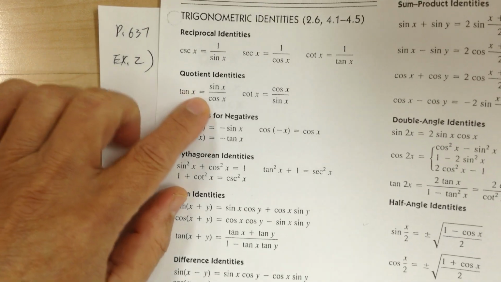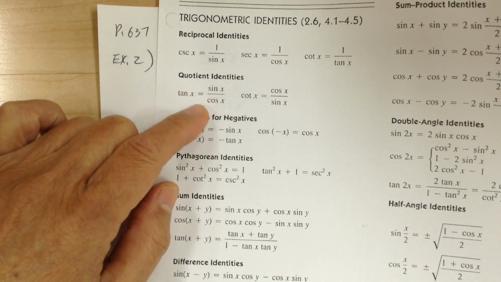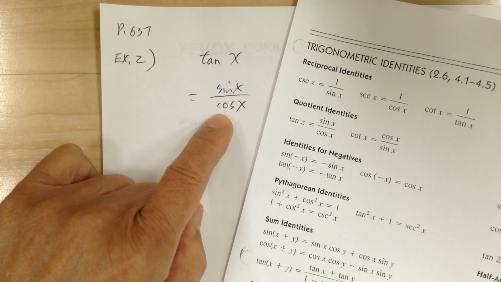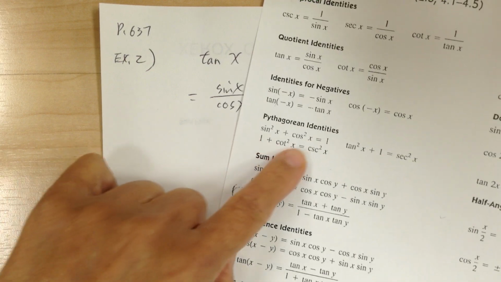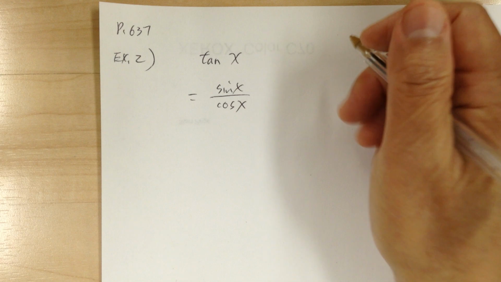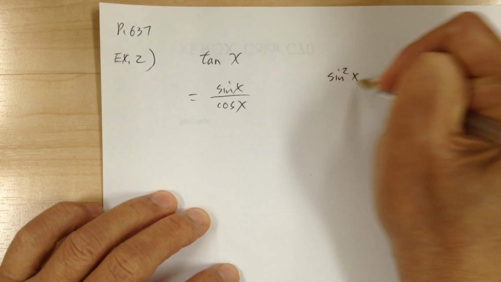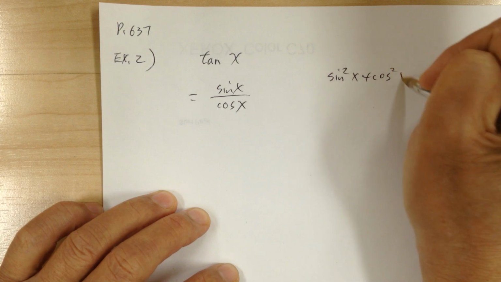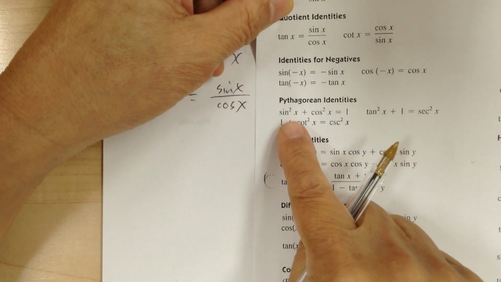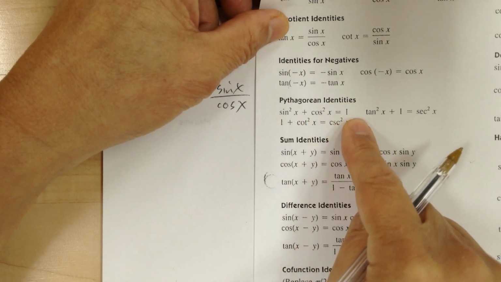Now the next step: remember you can only use sine, so you have to convert the cosine into sine. So you have to use this right over here. Remember, sine squared x plus cosine squared x equals 1. That is this Pythagorean identity.